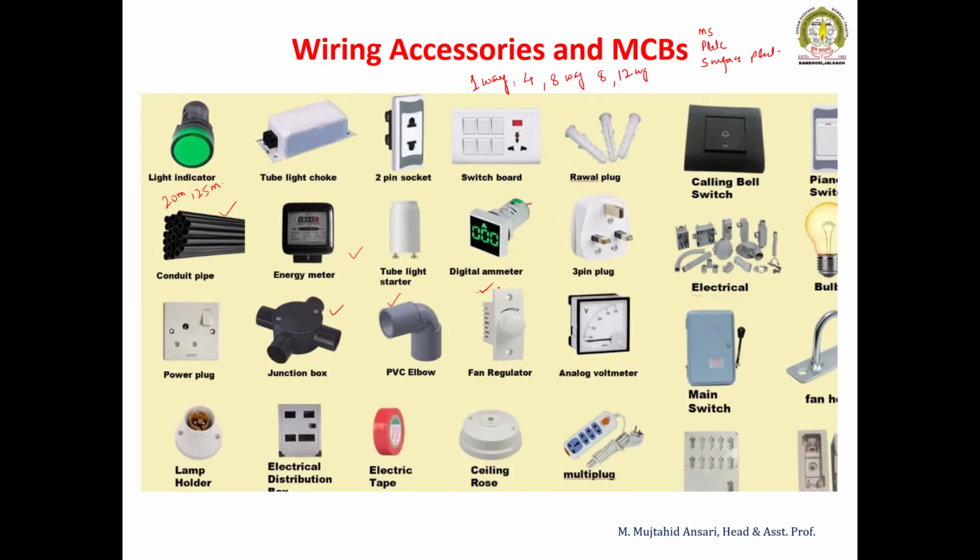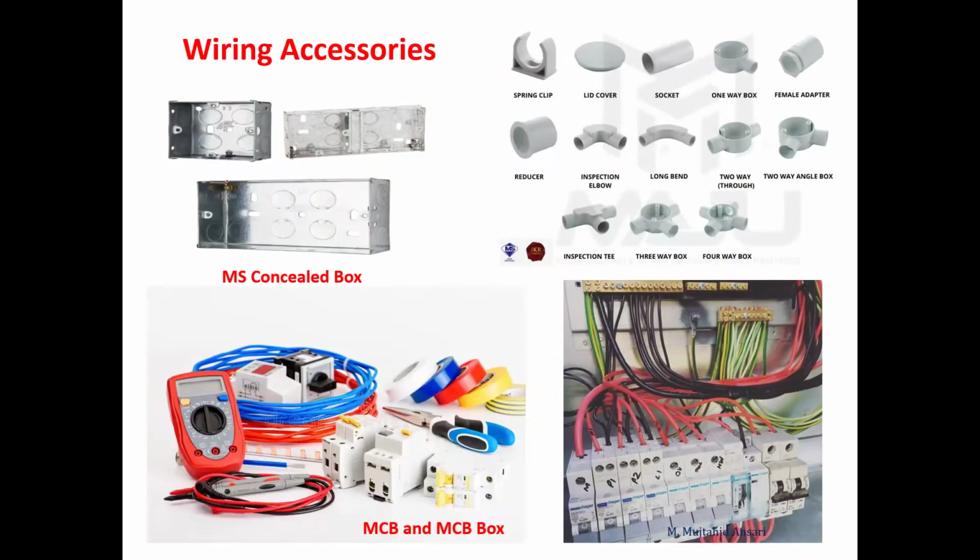If it takes two slots of the switchboard, then it is a two-way fan regulator. Now there is the ceiling rose, and the main switch. These are some accessories which we need for the wiring purposes.